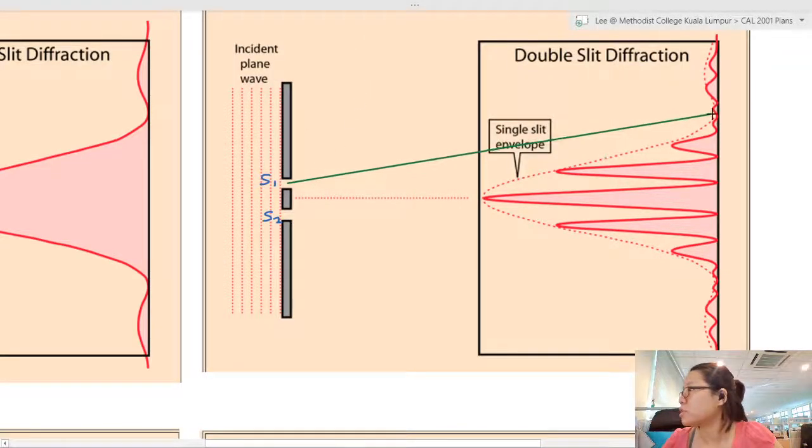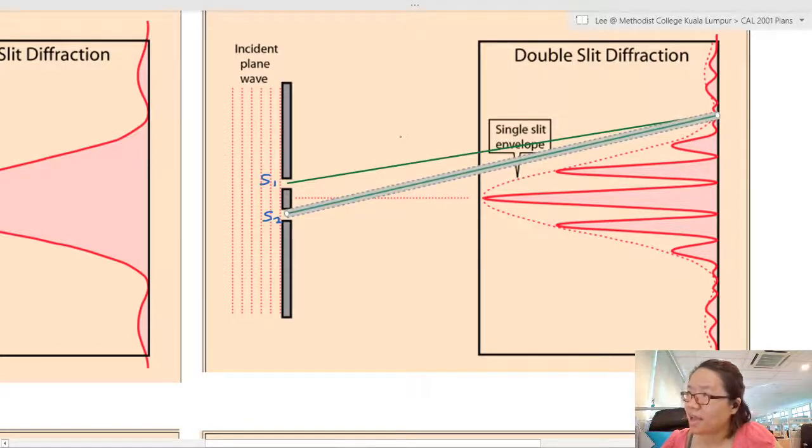So let's say we touch this minimum, and we touch this minimum. So they differ by delta L. Remember, destructive interference. At this point, because here is a minimum, your delta L between S1 and S2 is not a whole number of lambda. You got 1, 2, 3, 4. So this would be 0.5, 1.5, 2.5, 3.5 lambda.